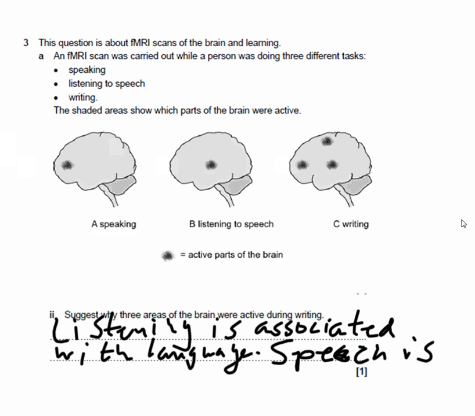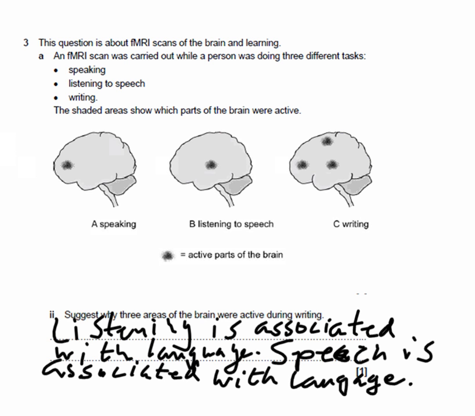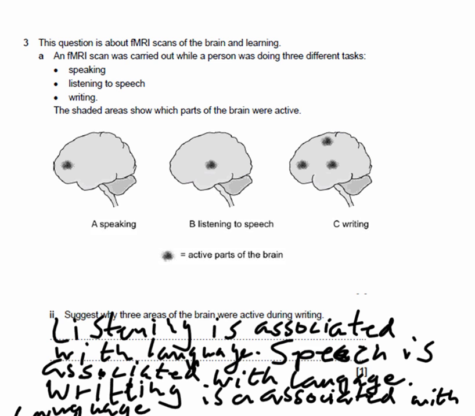The last point is that writing is associated with language, but writing involves thinking about speaking and thinking about listening. So we needed to also say that writing is associated with speech. To get the marks here, we needed to make the link between speaking and listening being to do with language and writing being to do with language.